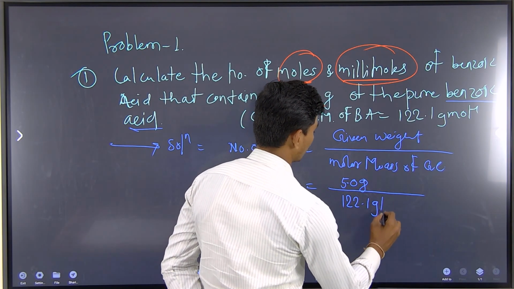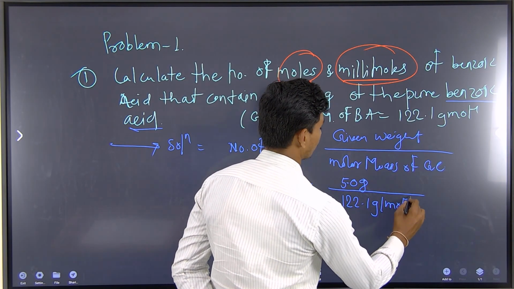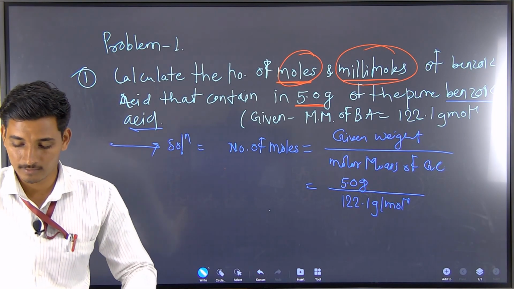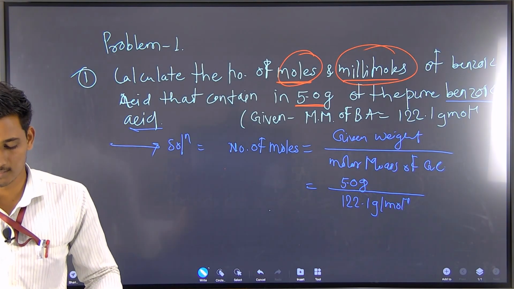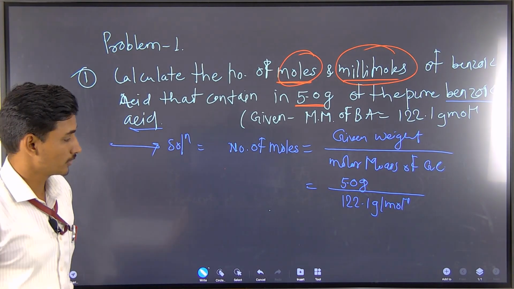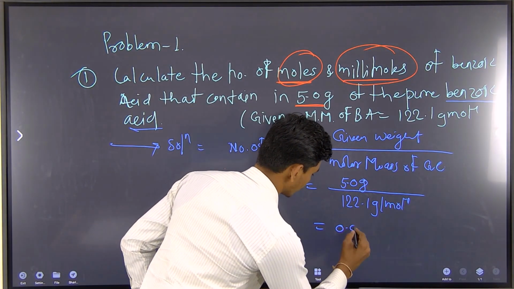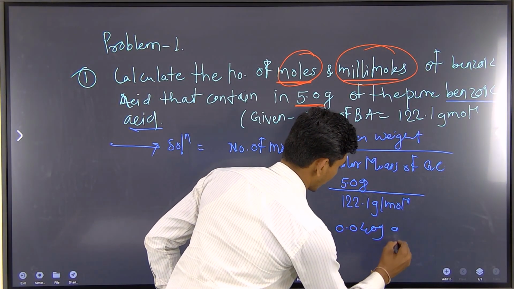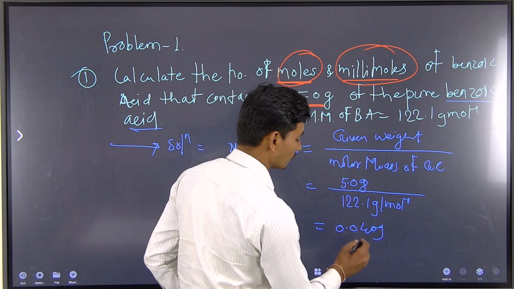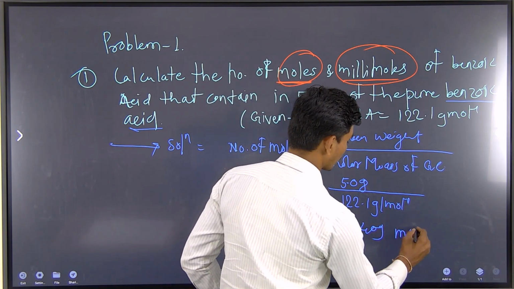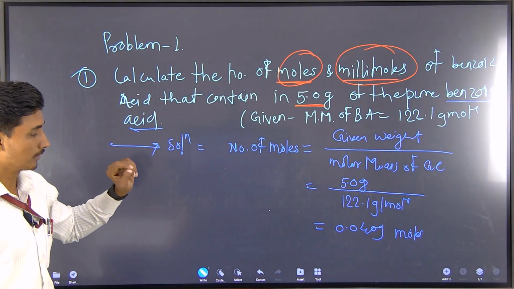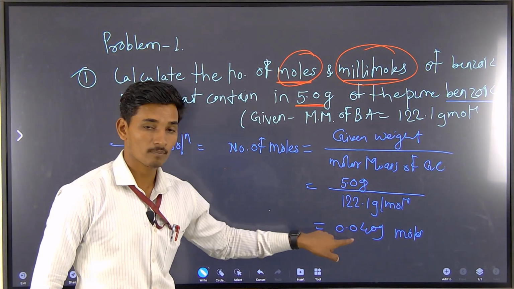Further calculating this, we get the answer for the number of moles: 0.0409 moles of benzoic acid.